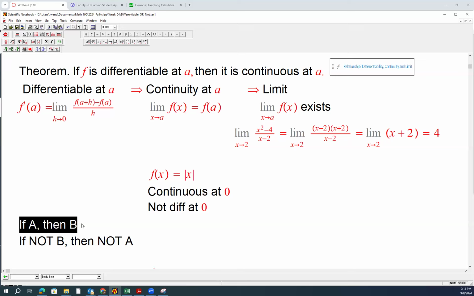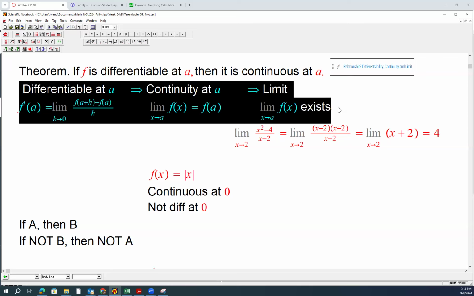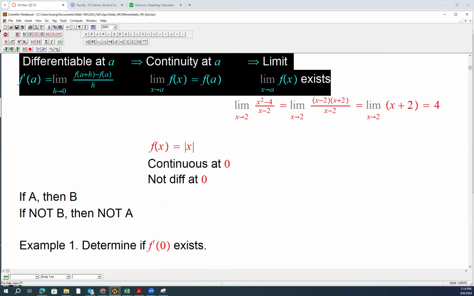Then from here, we can say if not B, then for sure there's not A. We can apply this simple logic to look at these relationships.